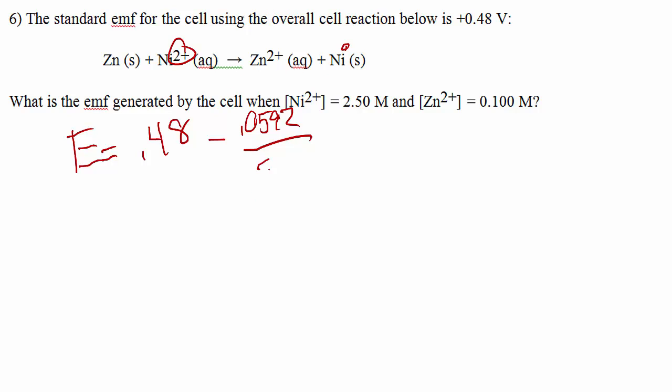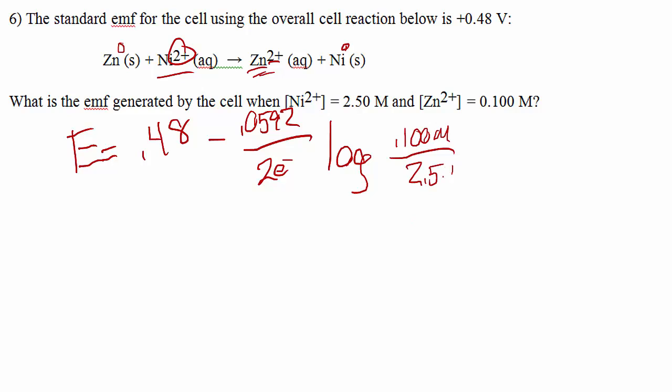So that's a 2 electron transfer, confirmed by looking at zinc, which goes from 0 to plus 2. So it's definitely 2 electrons, log of Q, which would be the product. My product is Zn plus 2, so 0.100 molar all over my reactant, which is Ni plus 2, which is 2.50 molar. And I plug those into my calculator and I get 0.52 volts.